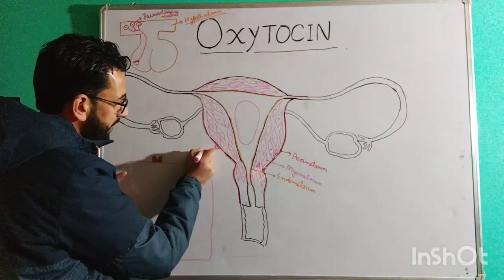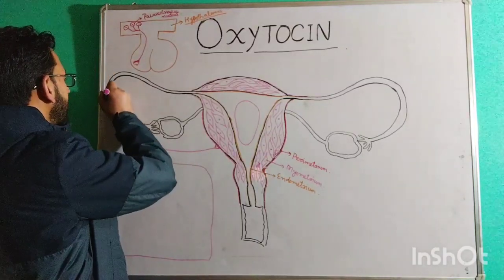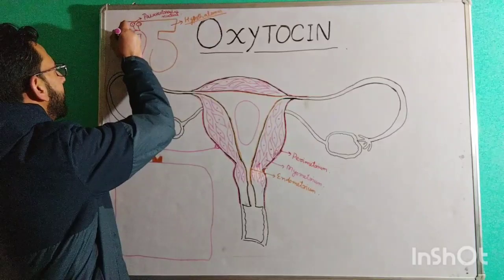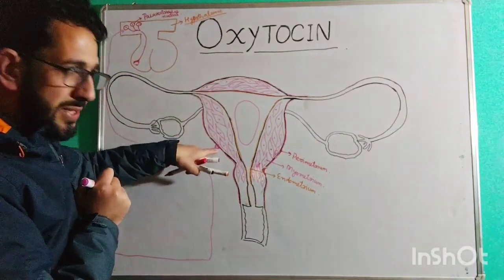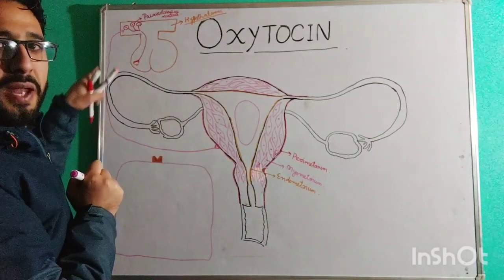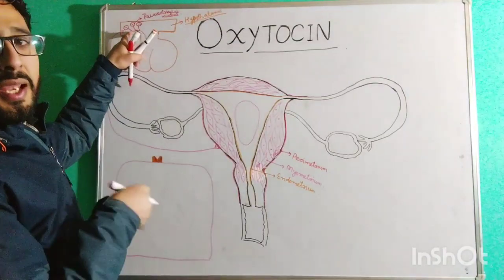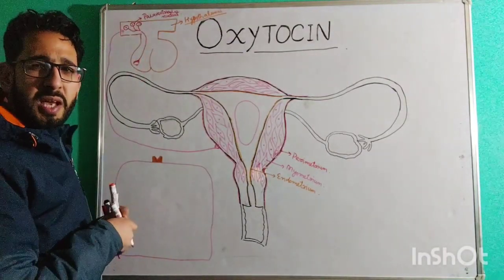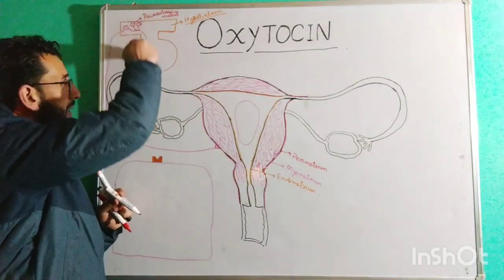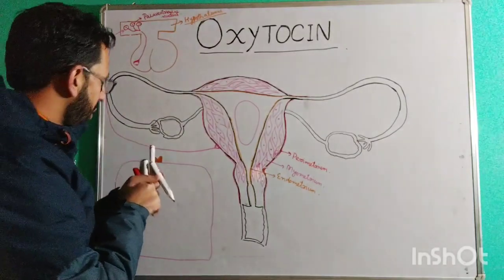Those stretch receptors take this information to the paraventricular nucleus of the hypothalamus. Once the paraventricular nucleus gets activated, it generates action potentials, which are sent down the axon to the axon terminal, and then oxytocin is released.